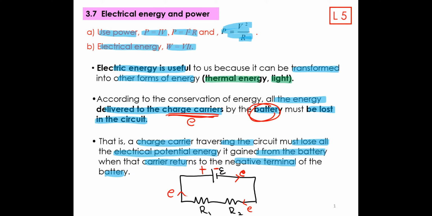So that's why the energy from the battery will be lost in the circuit, as mentioned in our third statement. Your charge carrier traversing the circuit must lose all the electrical potential energy that it gained from the battery when your electrons return to the negative terminal. Okay?